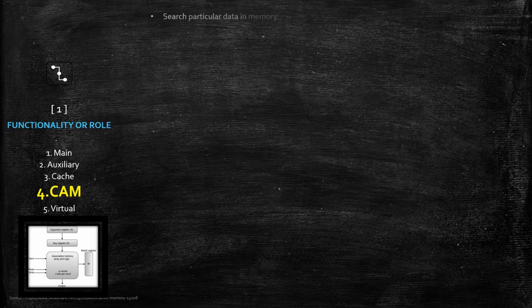Normally, to search for particular data in the memory, data is read from a certain address and compared. If a match is not found, it goes to the content of the next address, accesses that, and again compares. This process of accessing and comparing goes on until the required data is found.